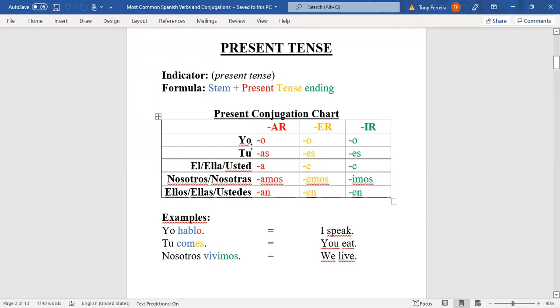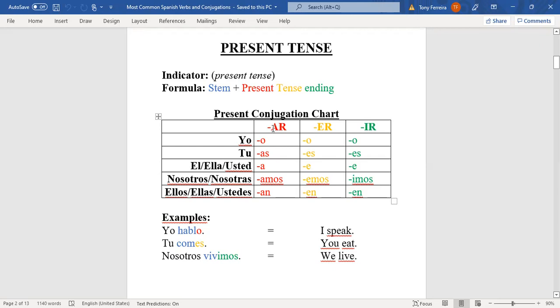Yo, tú, él, ella, usted, nosotros, nosotras, ellos, ellas, and ustedes. In order, these words mean I, you familiar, he, she, you formal, we masculine mixed, we feminine, they masculine mixed, they feminine, and you plural.